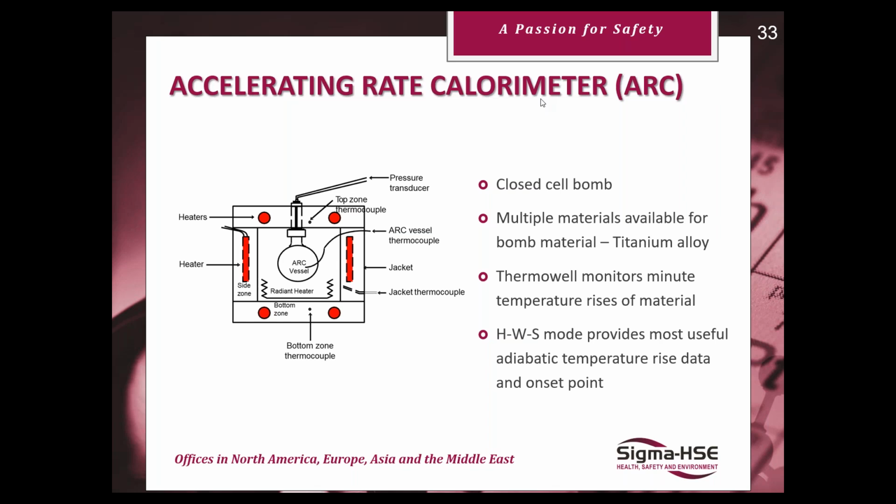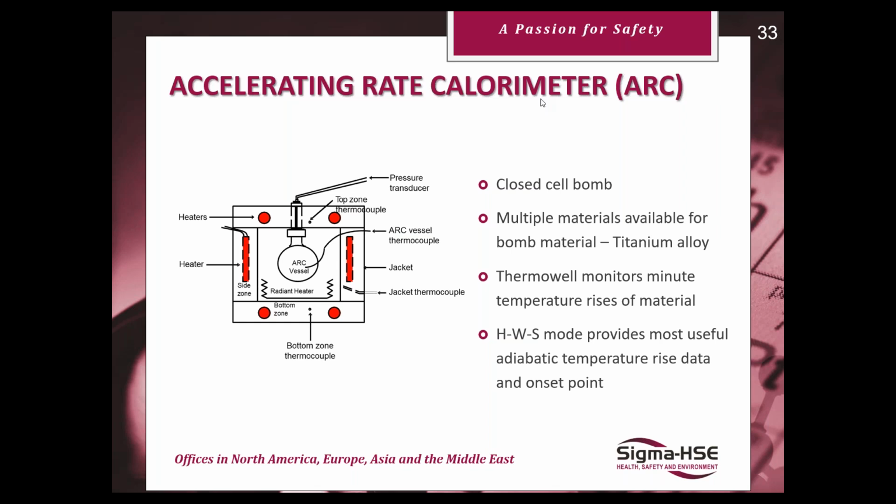In the heat-wait-search mode that I've talked about, it will increase by 5 degrees and hold at that temperature for 30 minutes, 60 minutes, and it can detect a temperature rise rate within the material of, say, 0.02 degrees per minute. So there are very slow temperature rise rates there. It can pick those up and it will match the oven temperature to the temperature inside the test vessel.